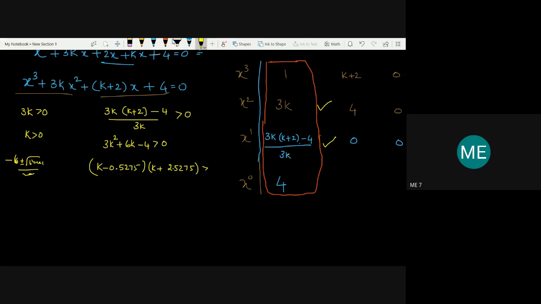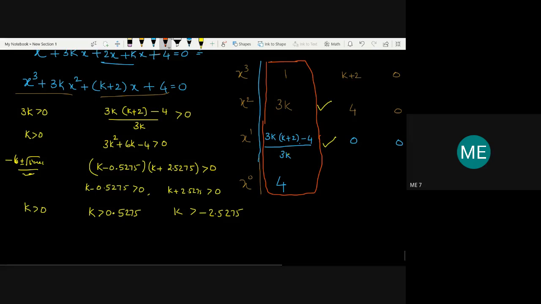So this should be greater than 0. Next, if I want this to be positive, then k minus 0.5275 should be greater than 0, and k plus 2.5275 greater than 0. So from this, I can say k is greater than 0.5275, and from the other, k is greater than minus 2.5275. So here k is greater than 0.